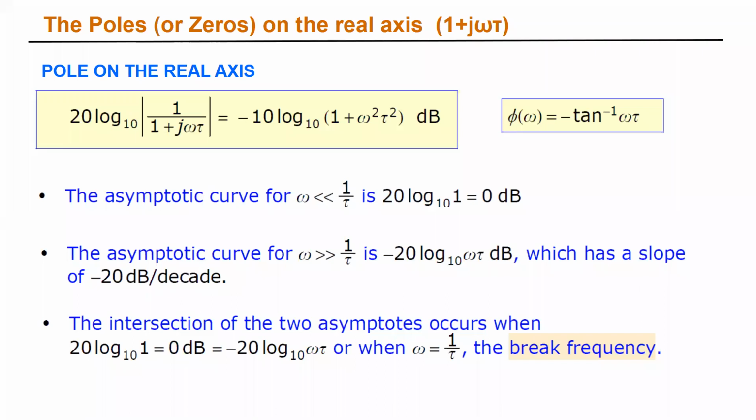Let's go to the phase. How about the phase? In the phase, to start with, it's simple. You can sketch it exactly, because you can substitute and get it. But we would like to also do an approximation.